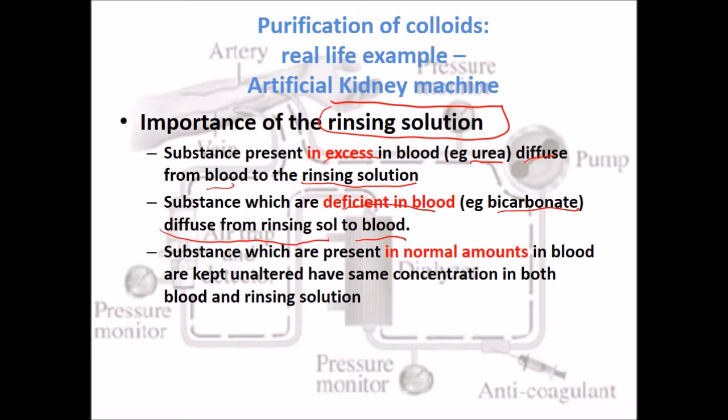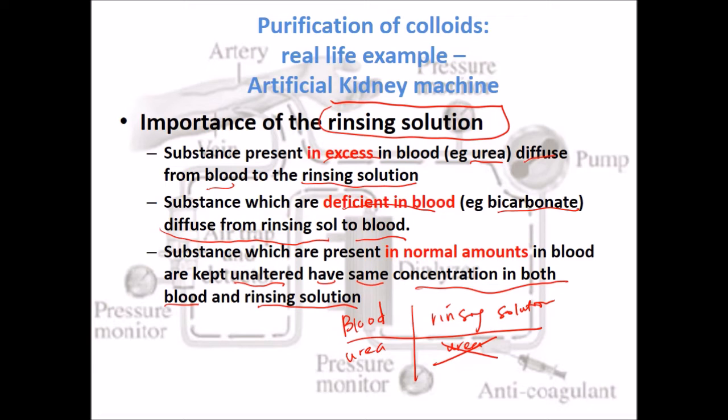And substances which are present in normal amounts in blood are kept unaltered, having the same concentration in both blood and rinsing solution. Meaning, here is the rinsing solution, and here is the blood. We expect the blood to have urea, but the rinsing solution does not have urea. The blood is deficient in bicarb, and the rinsing solution has a higher amount of bicarb, so it can diffuse into the blood.